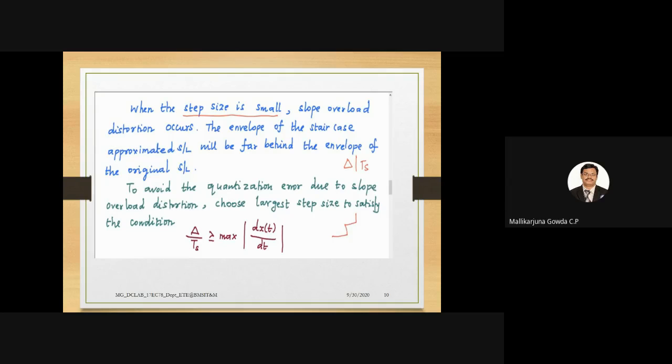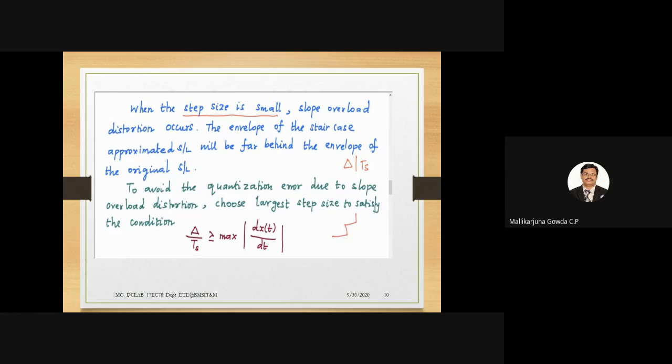To avoid the quantization error due to this slope overload distortion, what we need to do? We need to choose a larger step size that satisfies this condition: step size divided by the sampling duration should be greater than or equal to the maximum rate of change of the analog input signal, where x of t is my analog input signal.